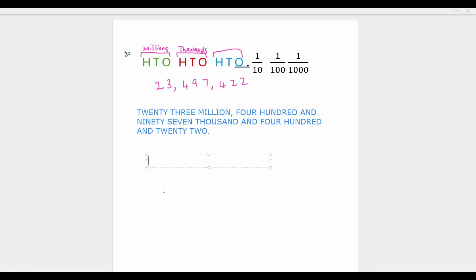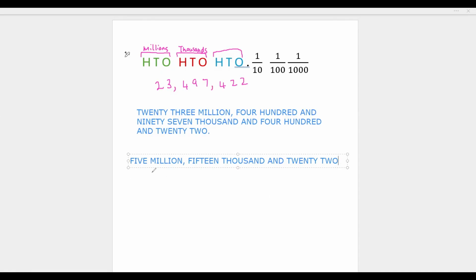Now, you may be given a number in words that you then need to write in digits. So for example, if I were to give you the number 5,015,022, in order to write that number in digits, you need to make sure that you get your numbers in the correct columns, so that you have correct place value.